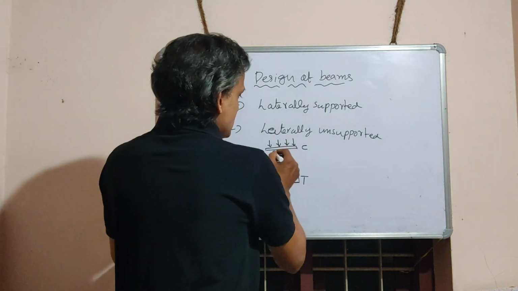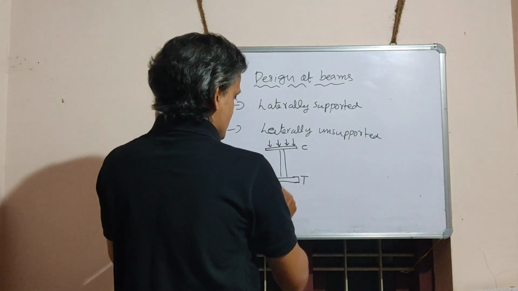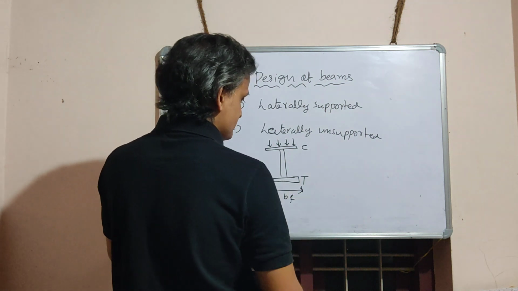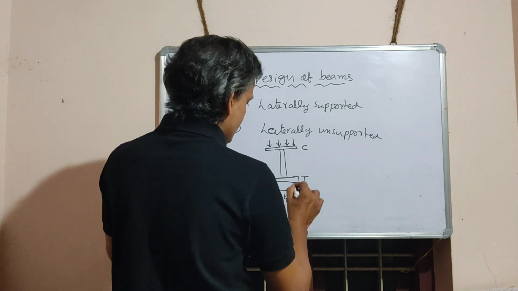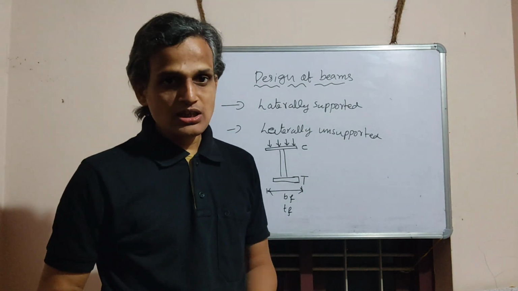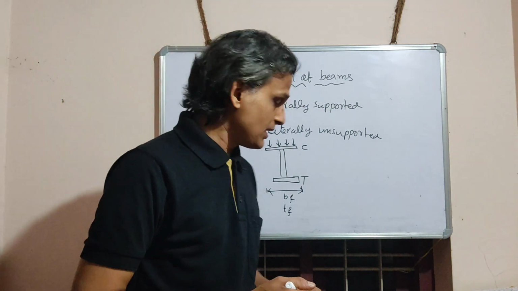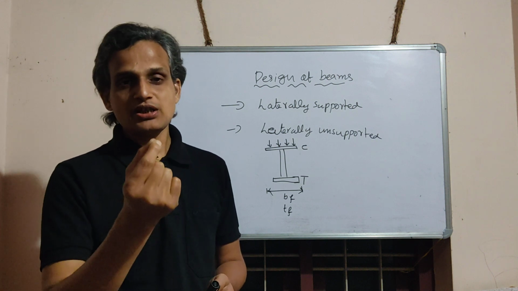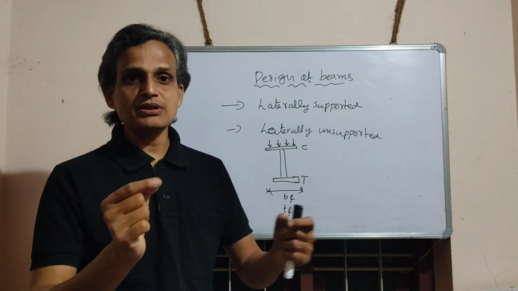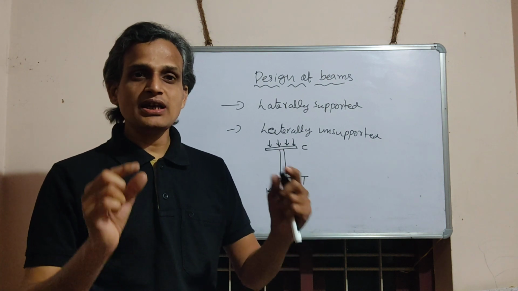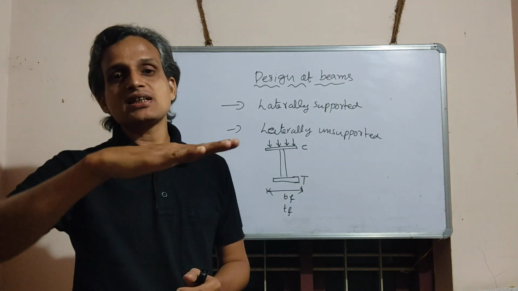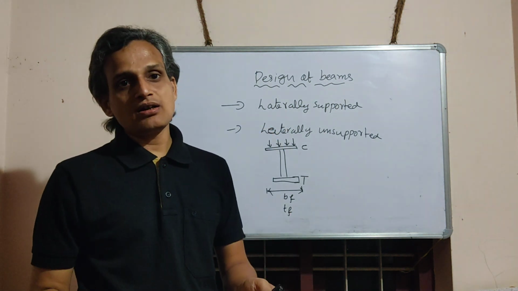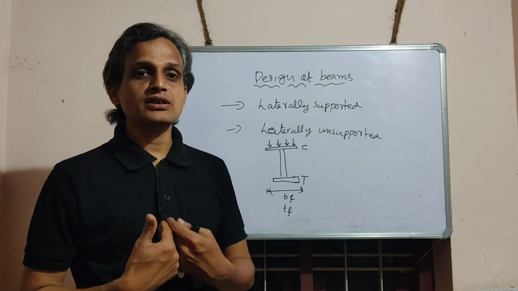Now the breadth of this compression flange is usually denoted as BF, and say it has a thickness TF. This BF divided by TF ratio, the width to thickness ratio, is comparatively less. That means the element is a thin member, so it has a tendency to buckle. Once it is buckled, its load carrying capacity gets reduced.